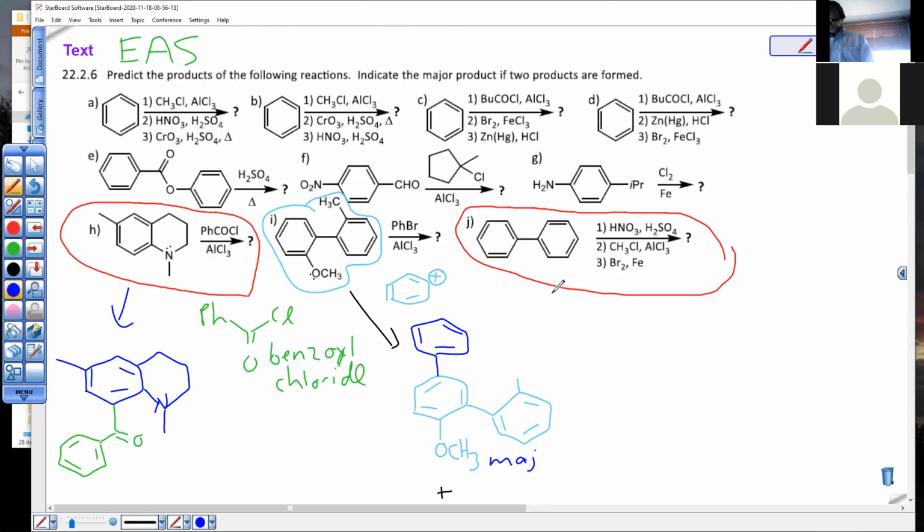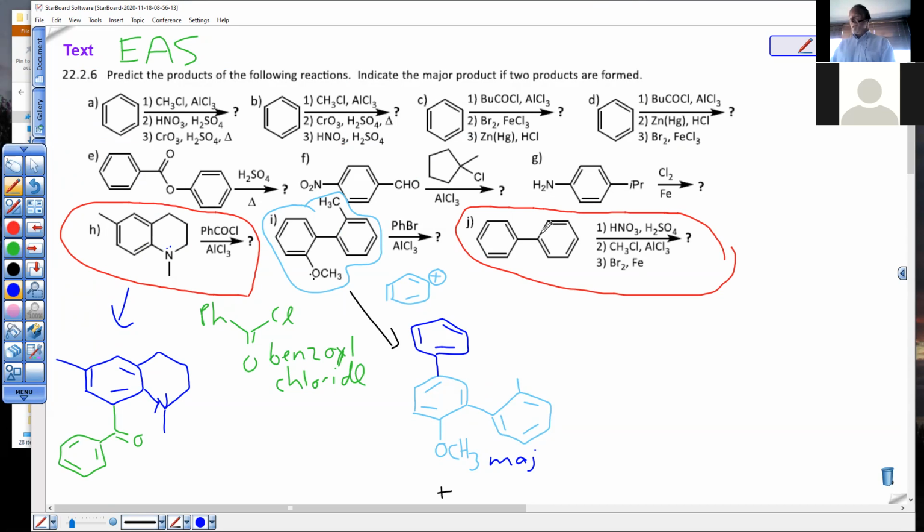Okay. Now we have biphenyl. We're nitrating first. The question is, what kind of a group is a phenyl group on a benzene? Phenyl on phenyl. Well, you got some good issues going on here. It is an ortho para director because it's a carbon group. That's not a carbonyl.